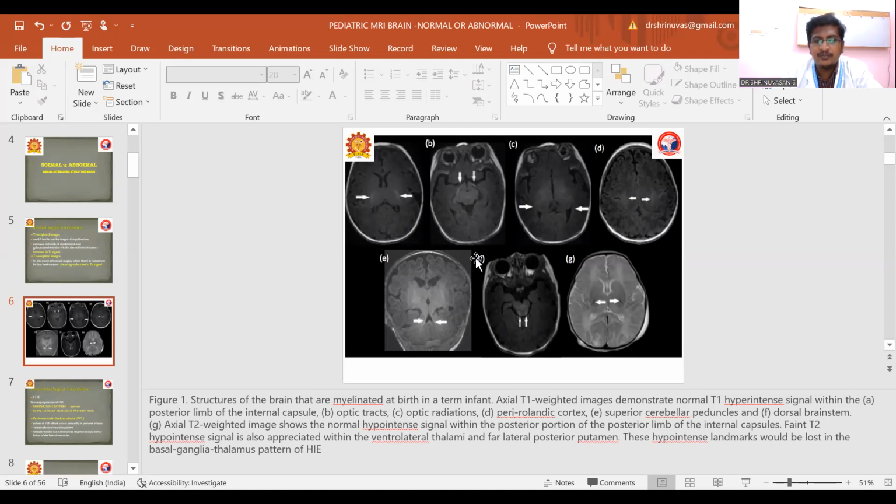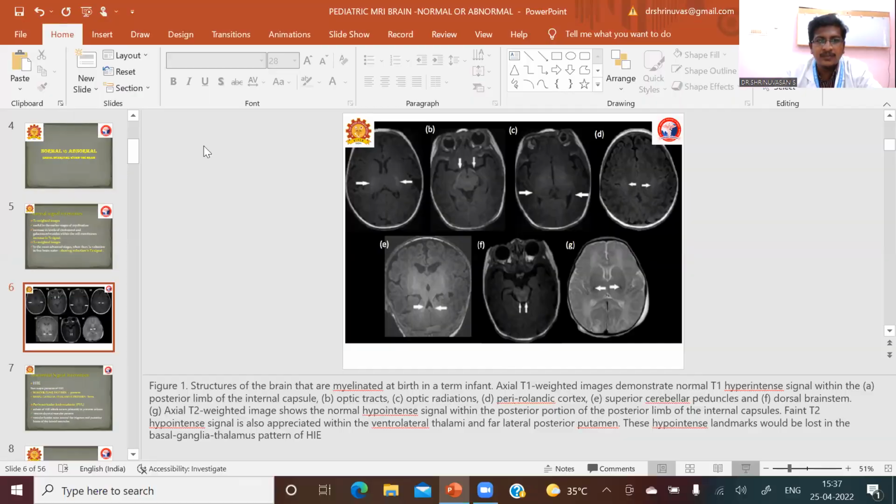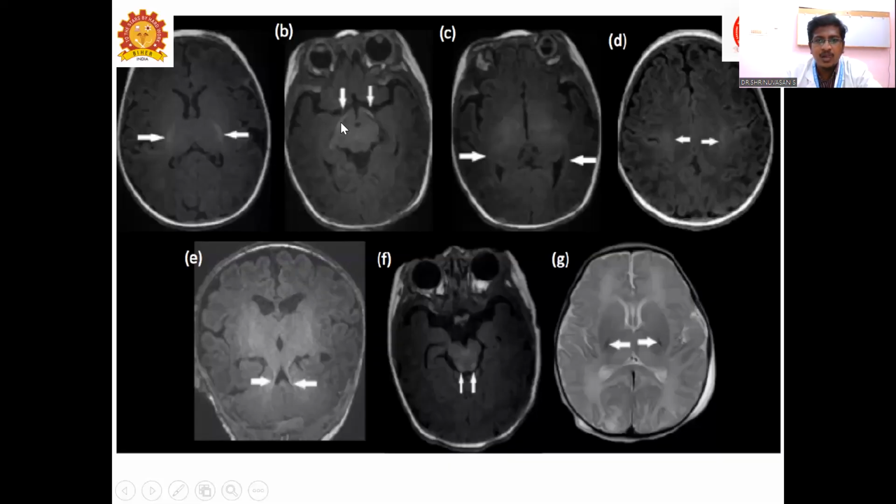These are all T1 weighted images of structures myelinated at birth, showing hyperintense signal. You can observe closely the posterior limb of the internal capsule, optic tract, optic radiation, perirolandic cortex and superior cerebellar peduncle, all showing increased T1 signal intensity.